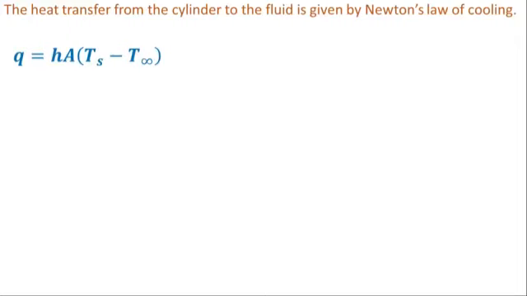T∞ is the fluid temperature, that is the temperature of water in first case and temperature of air in second case, and for both cases T∞ is 25 degrees centigrade.